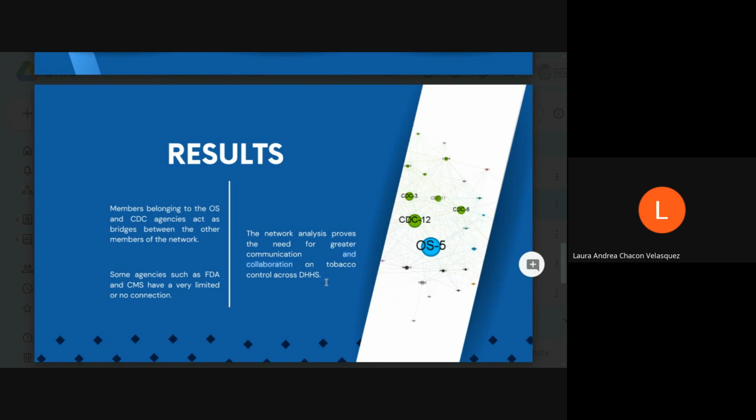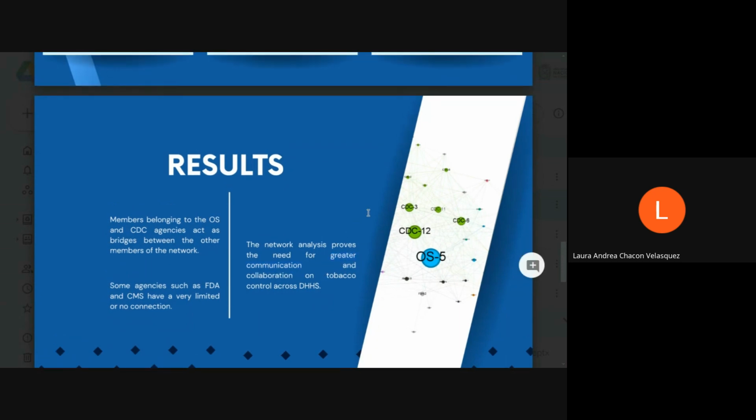With these two principal results, we can see that it's important to have better communication between the agencies in the HHS, and the network analysis shows the need for greater communication and collaboration on tobacco control across these agencies.